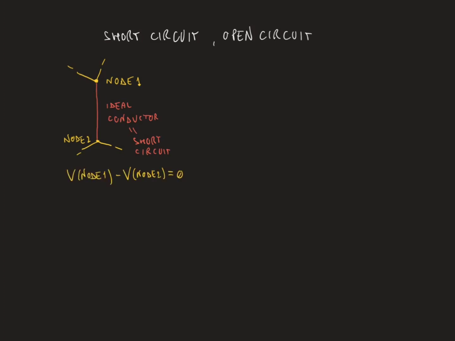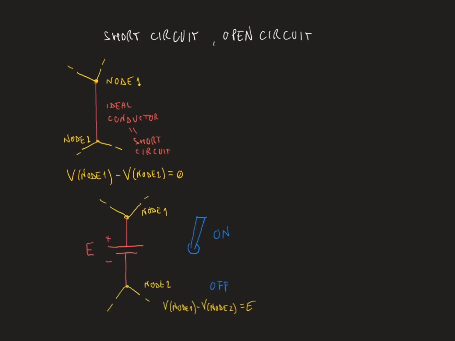This is independent of the way we draw the conductor between the two nodes. Actually, switching a voltage source off means reducing the voltage generated by the source to zero, which is exactly what happens when we connect two nodes together with an ideal conductor.